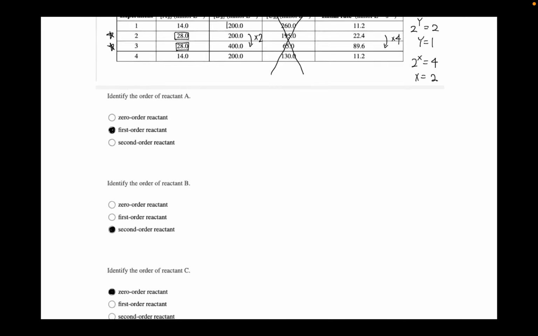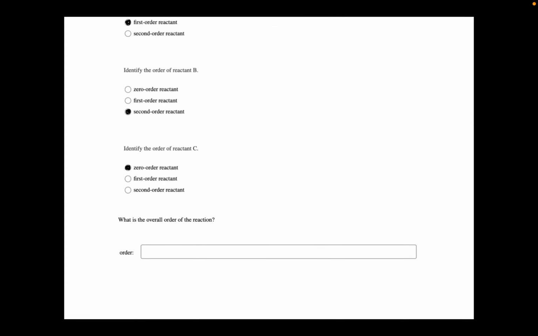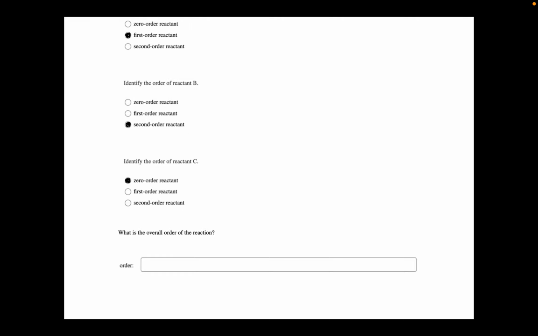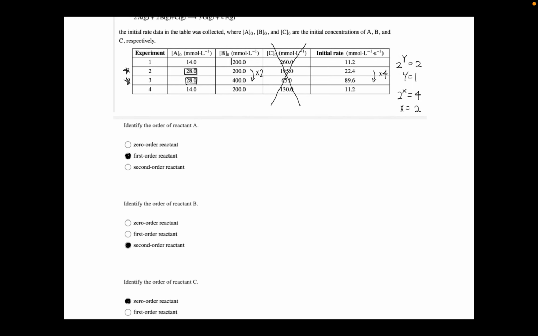So now we're going to deal with the overall order of the reaction. For this, we just add up the orders. Let's write the rate law out first. The rate equals the rate constant times concentration A to the first power, and concentration B to the second power. This is how the overall rate equation will be.